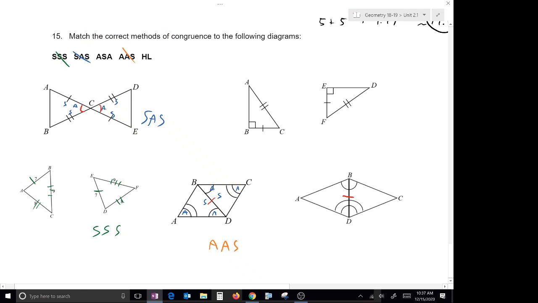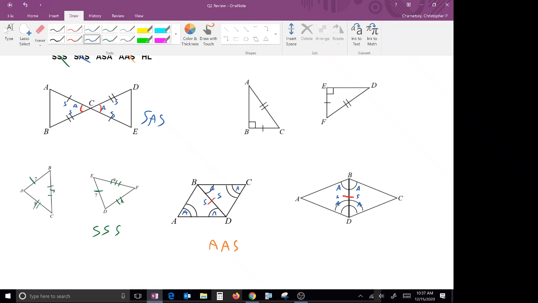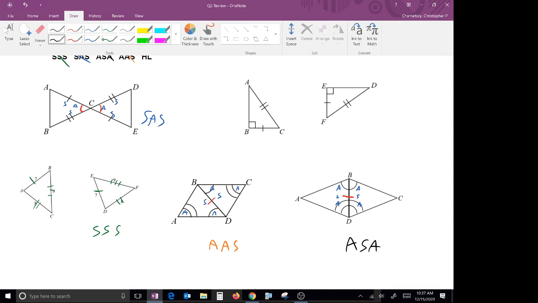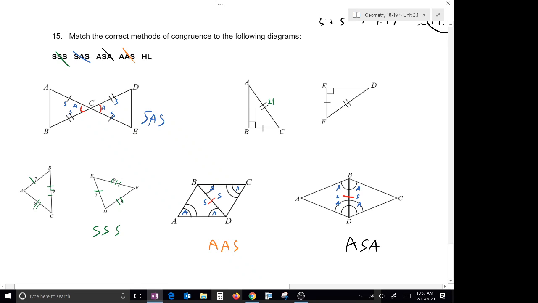And that side is in between the two angles that are given, so that's going to be angle side angle. Okay, which leaves our last one, which ordinarily wouldn't work because it would be angle side side, but because this is a right triangle, we have a special case for that one. If we have hypotenuse and a leg, we can use HL. And that's it for this video.